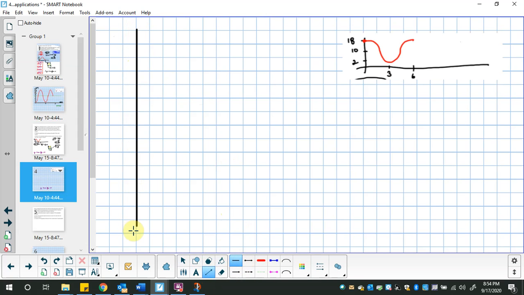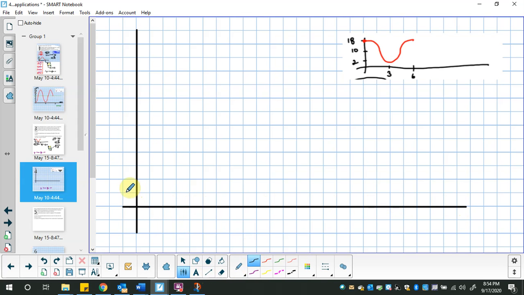So I don't know if I've got 18 boxes, but I'm getting a little tired. So I'm going to make this 2, 4, 6, 8, 10, 12, 14, 16, 18, 20. This is y.